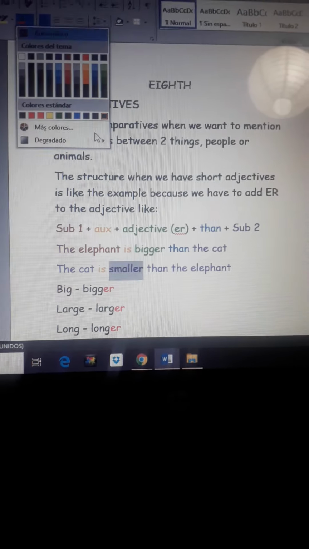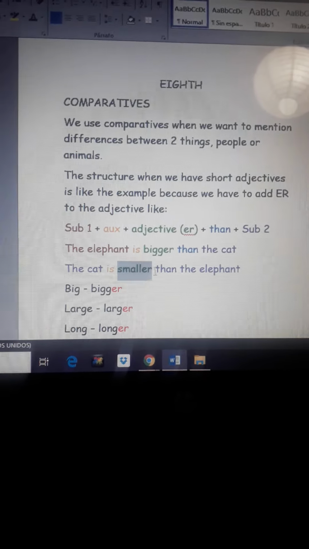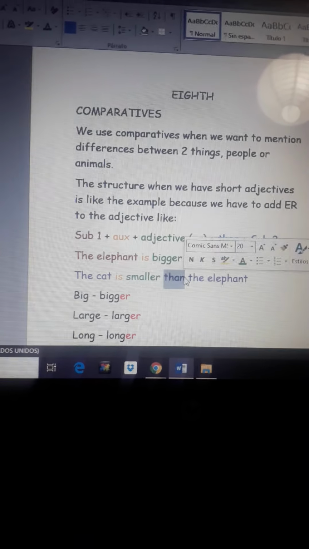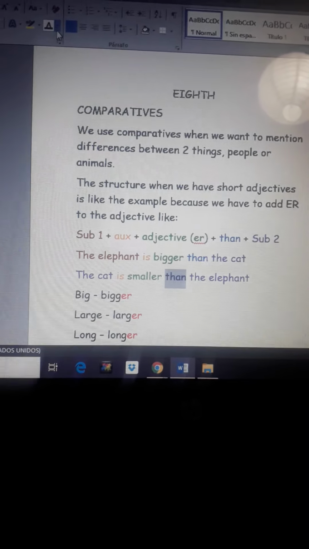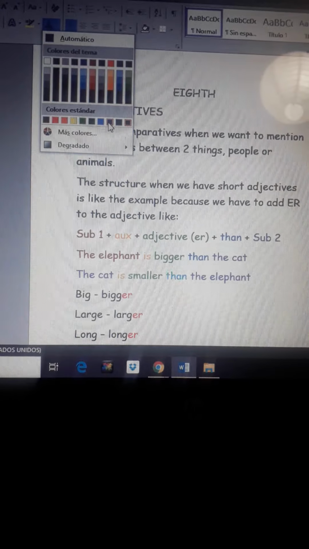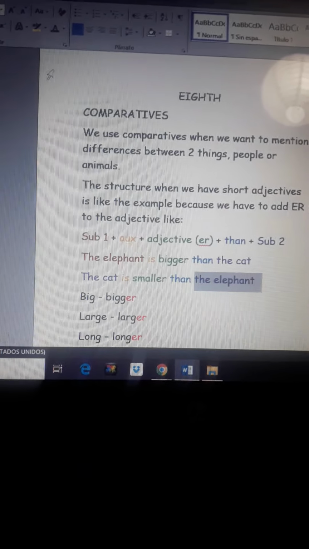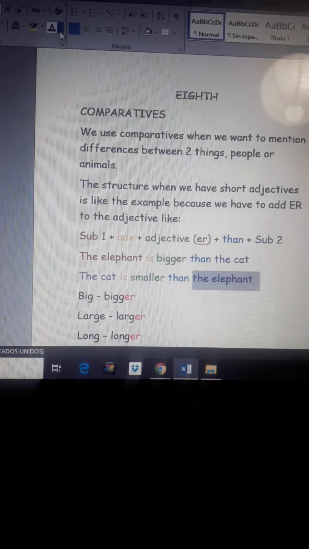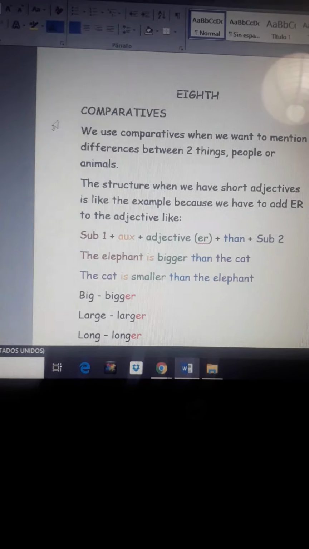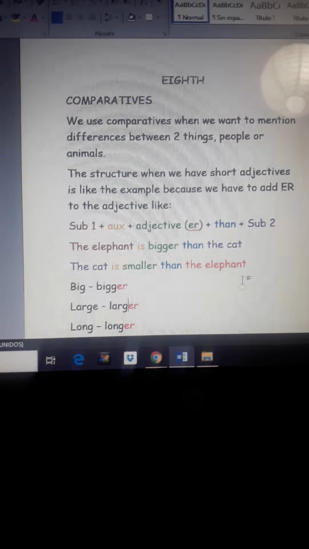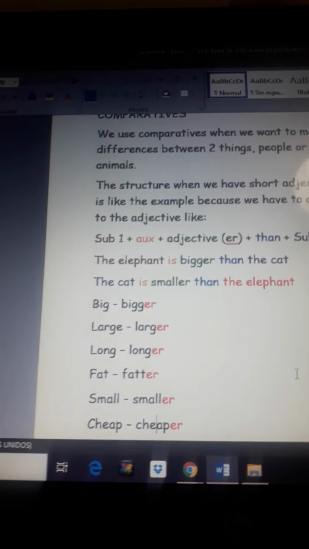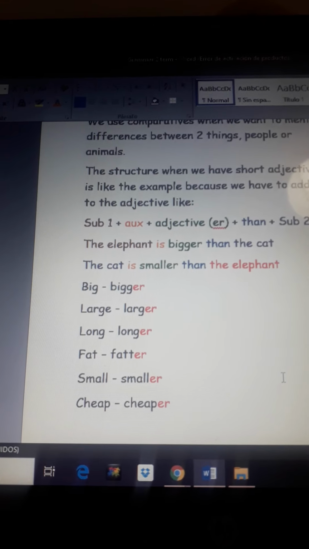So let's change the color to make it clearer. Done with blue here, and the elephant with red, to mention the same example. And I have some examples here of adjectives that are short.